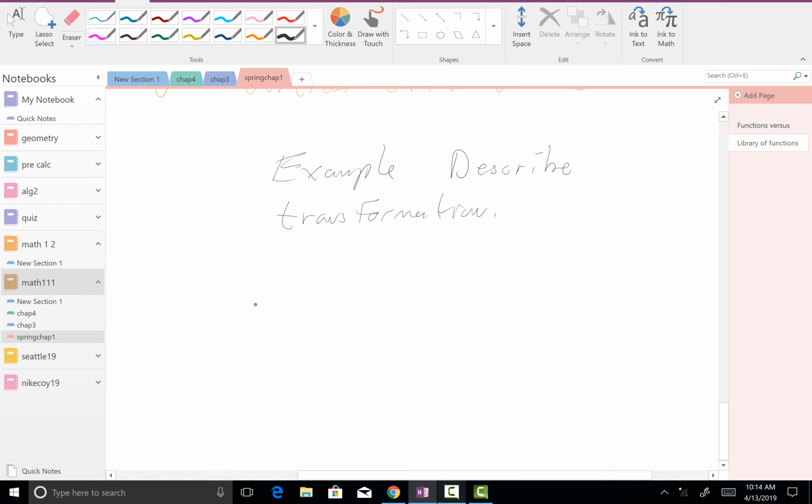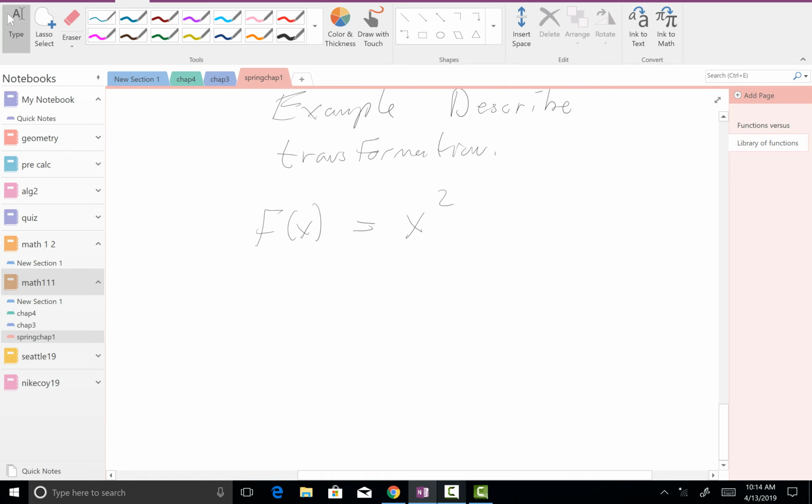So let's say f of x is equal to x squared. We'll just keep it as a parabola. Keep it simple in the beginning here.